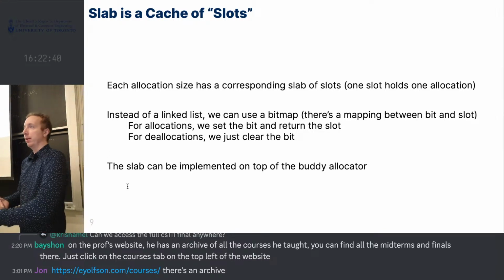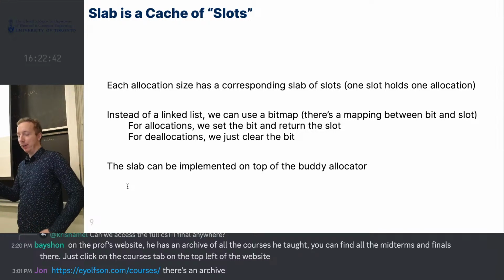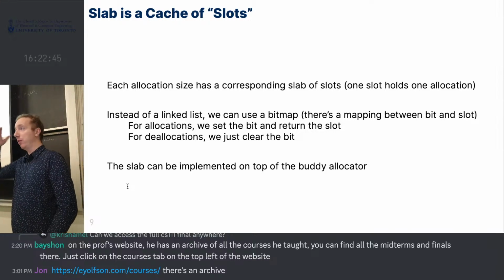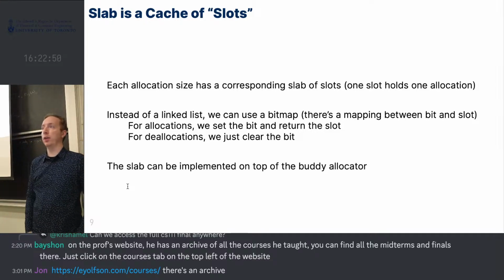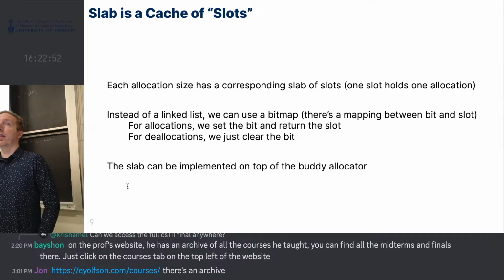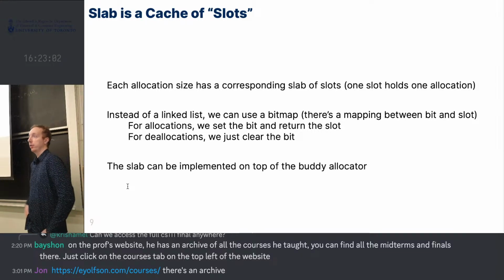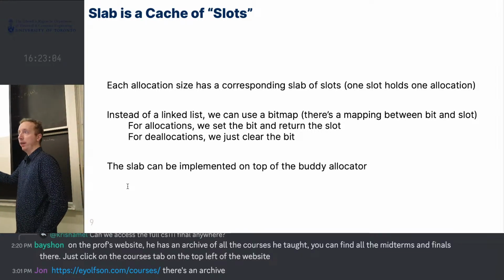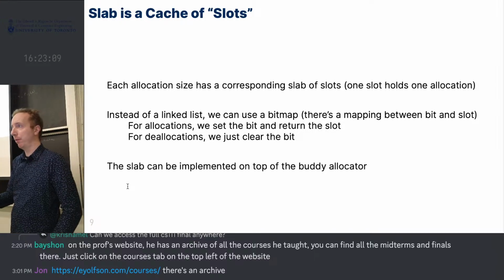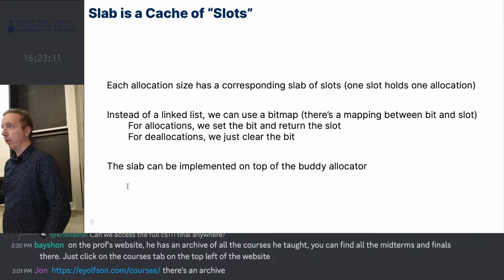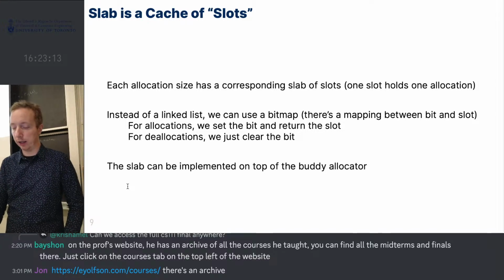And the slab can be allocated on top of a buddy allocator, or on top of any general one. Typically, if you really care about performance and you are creating thousands and thousands of objects of the same type, what people will do is create a slab allocator: just ask malloc for a bunch of memory, and then implement a slab on top of that, treating it as a giant array where they keep track of whether a slot is allocated or not.